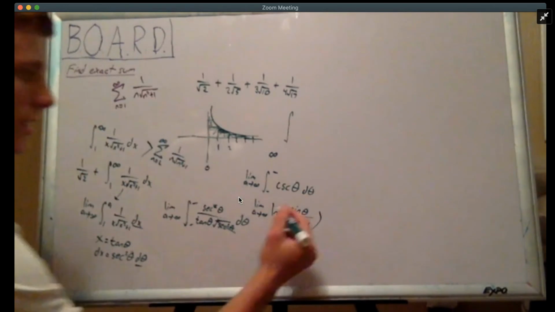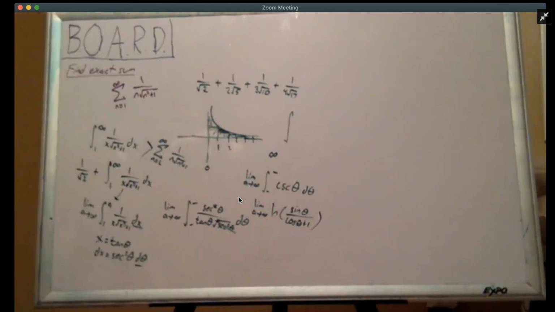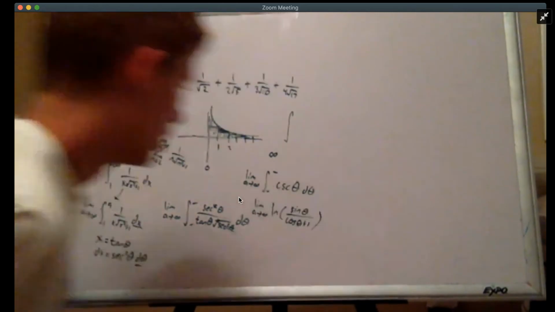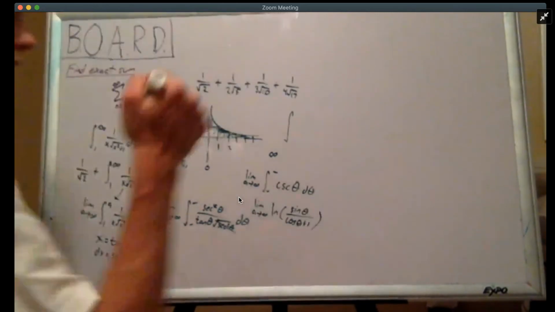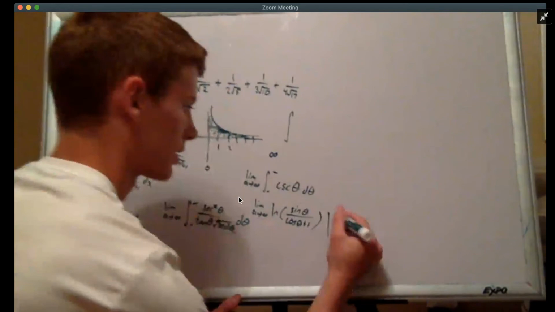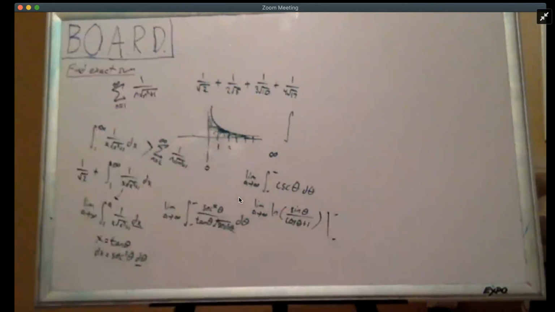I think there's technically an absolute value here, but in this case it's not really going to matter. Okay, and this goes from something to something as it's still in terms of theta.